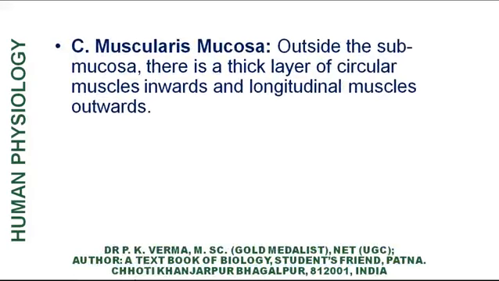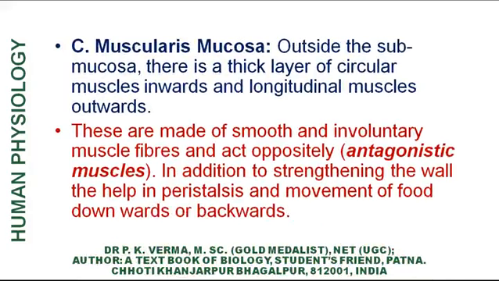The third layer is the muscularis. In fact, it has 2 layers. There is a thick layer of circular muscles inwards and longitudinal muscles outwards. These are made of smooth and involuntary muscle fibers and act oppositely to each other, that is, they are antagonistic muscles, in addition to strengthening the wall.